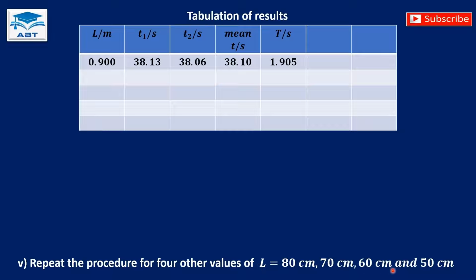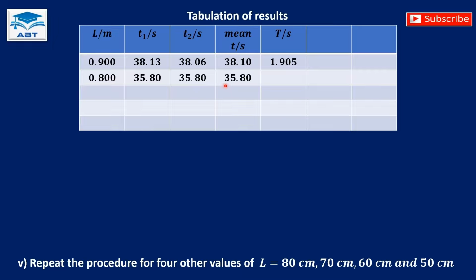60 centimeters, and 50 centimeters. So we change the length of the string to 80 centimeters. That is 0.8 meters. But we leave it in 3 decimal places. And record the time for 20 oscillations. Record another time for 20 oscillations.